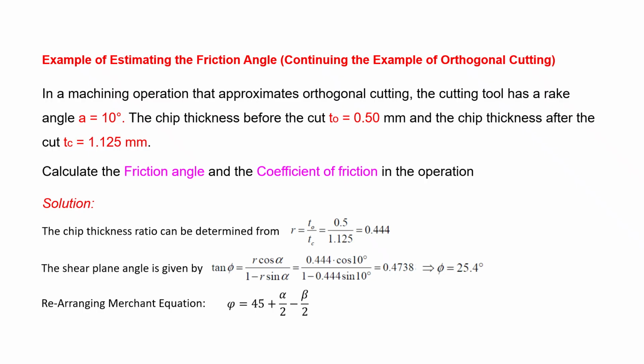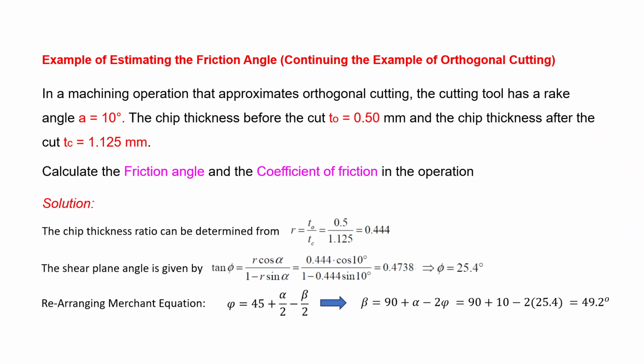We have the value for phi and the value for alpha, but we don't know the value of beta, so we need to rearrange the equation to beta equals 90 degrees plus alpha minus 2 phi. Putting the parameters in, we end up finding beta to be equal to 49.2 degrees.